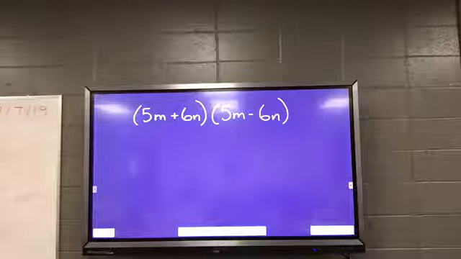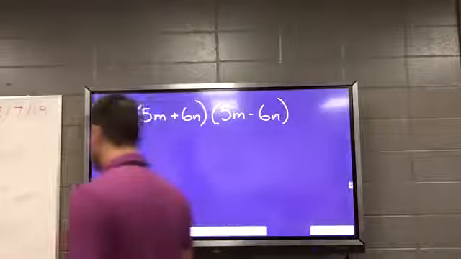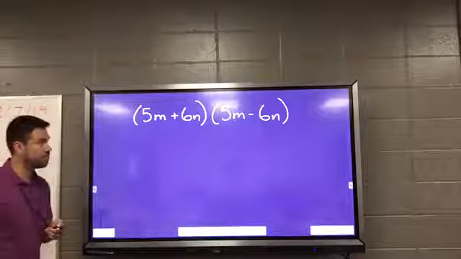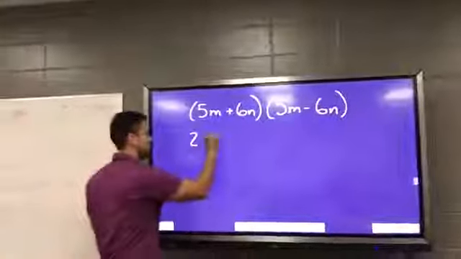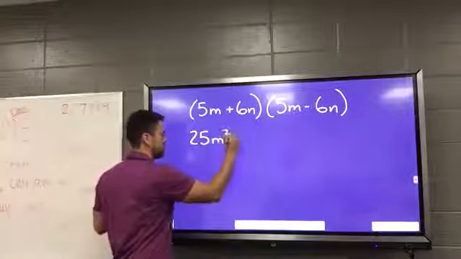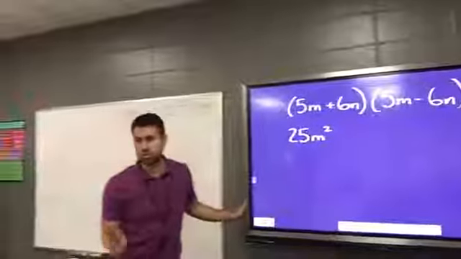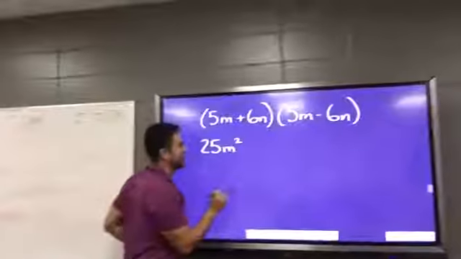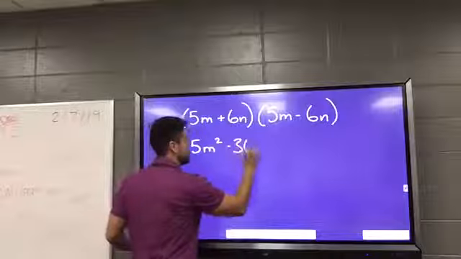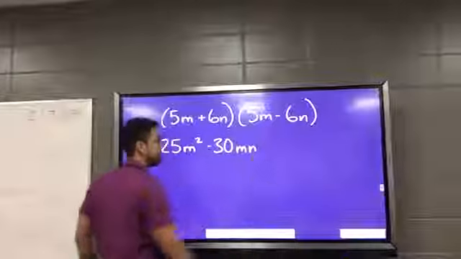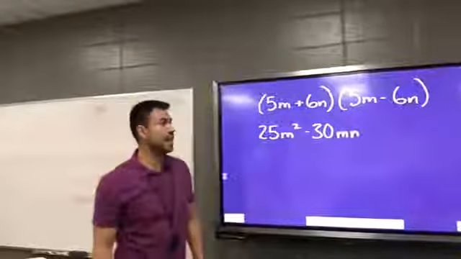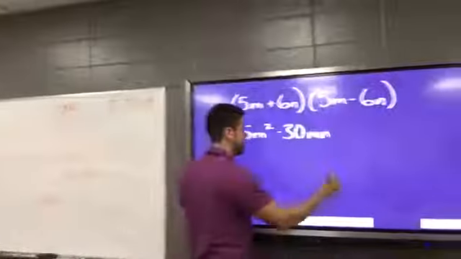Okay, what do the first terms get me when I multiply them? 25m squared. What about the outer terms? Negative 30mn. What do the inner terms multiply to get me?